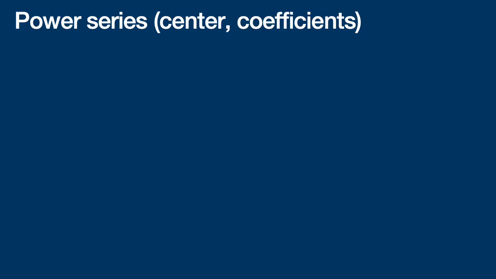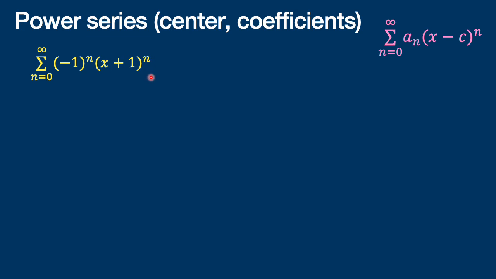Let's have a different example of a power series, where the center is not 0. So look at this one: summation of (-1)^n times (x plus 1) to the nth power. This form looks like a_n times (x minus c)^n. So the center is c.